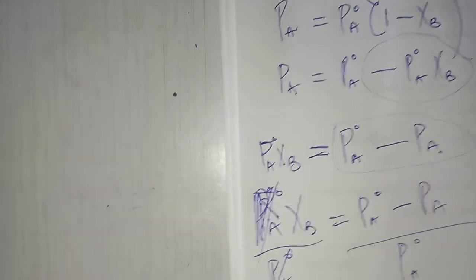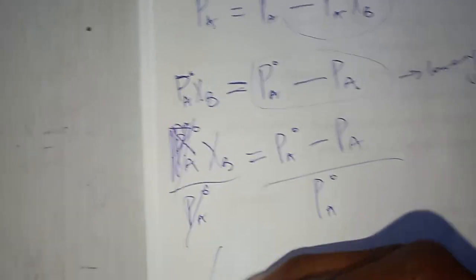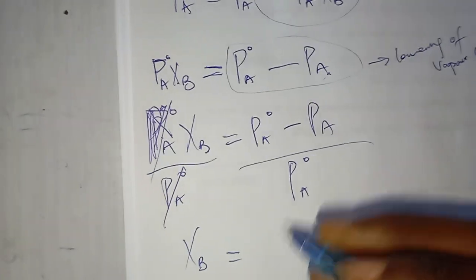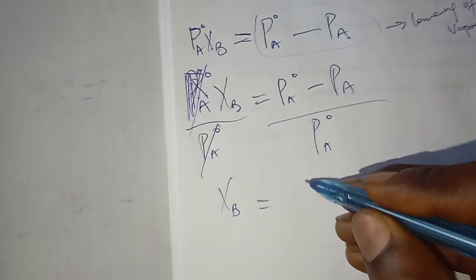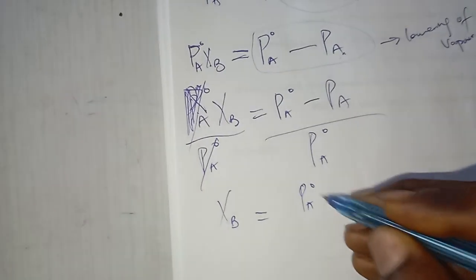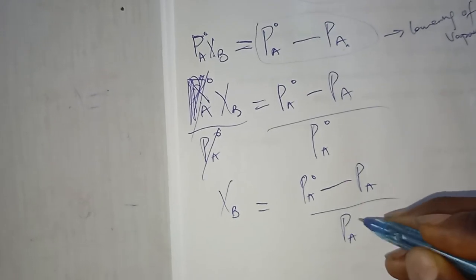Divide both sides by PA naught. This PA naught cancels this PA naught. So you have XB, mole fraction of constituent B, is equal to PA naught minus PA all over PA naught.